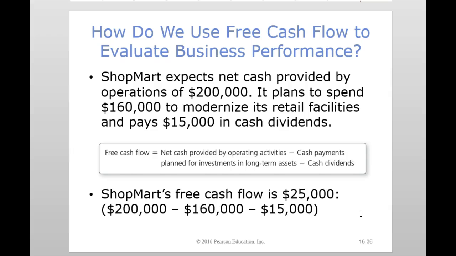It plans to spend $160,000 to modernize retail and pay $15,000 in cash dividends. So here is the equation: net cash provided by operating activities minus cash payments for investments in long-term assets minus dividends gives us free cash flow. And in this case, it's $25,000.